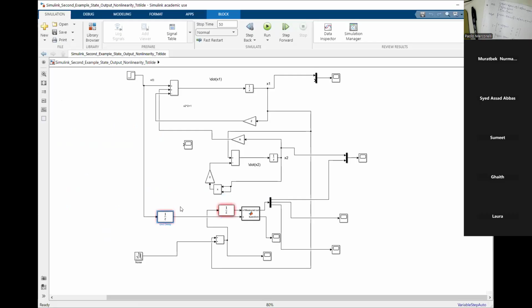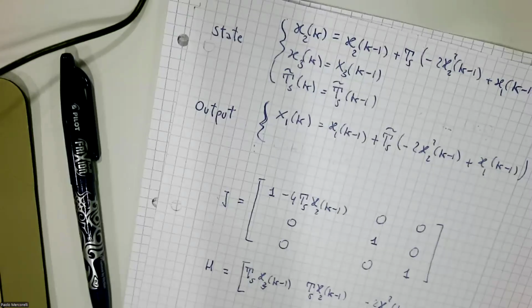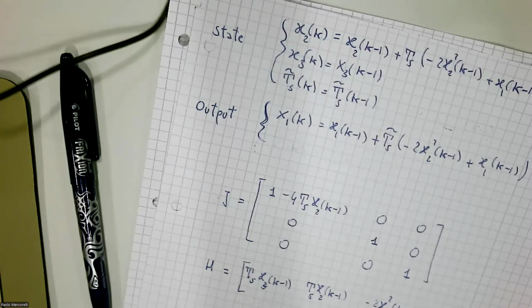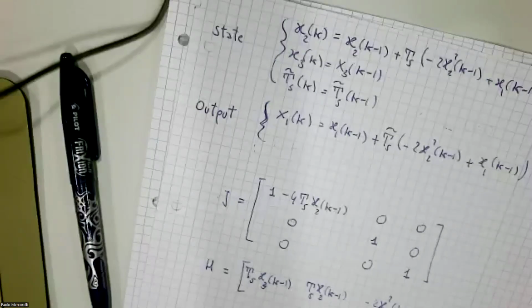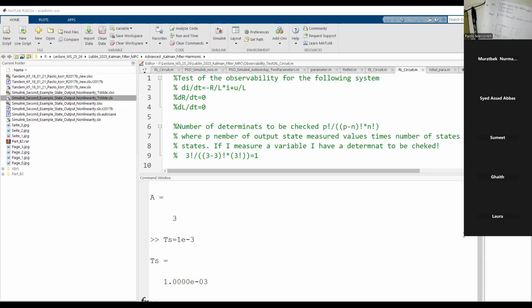We can see that it's red because let me say the Kalman filter does not yet. But look, I will initialize with Ts.